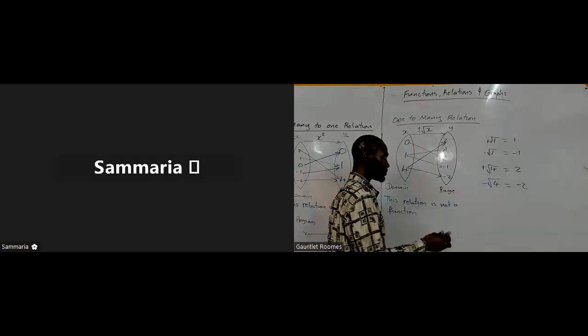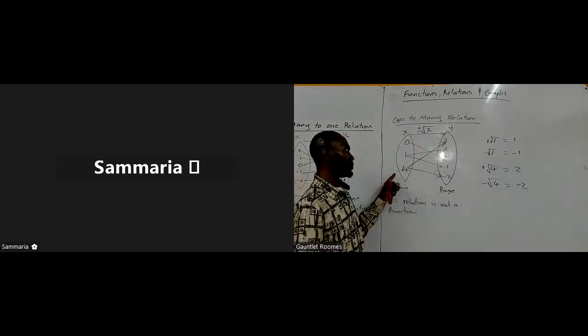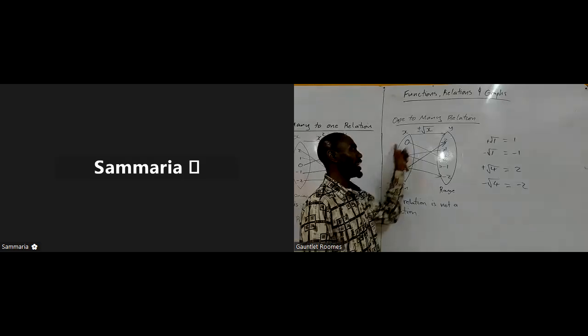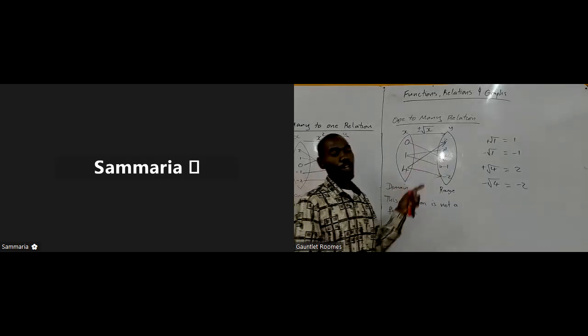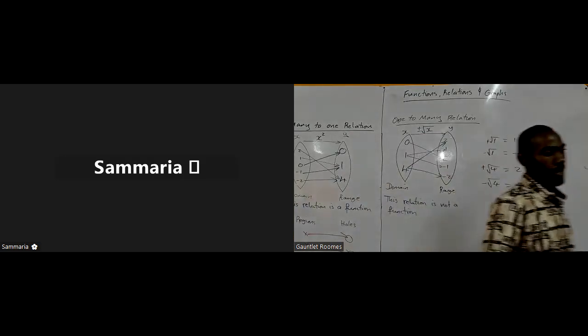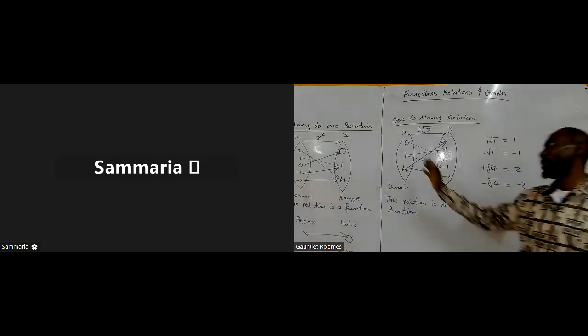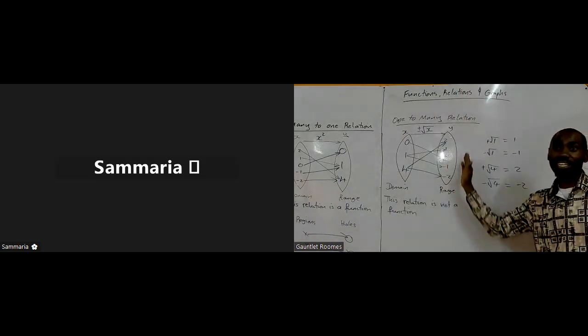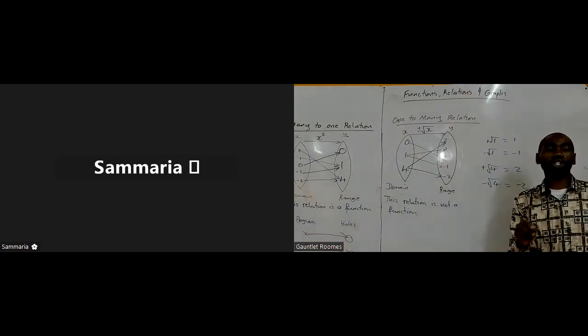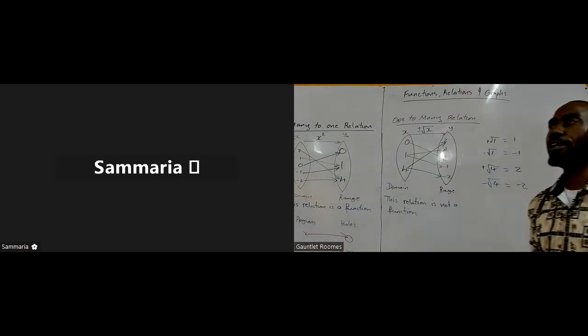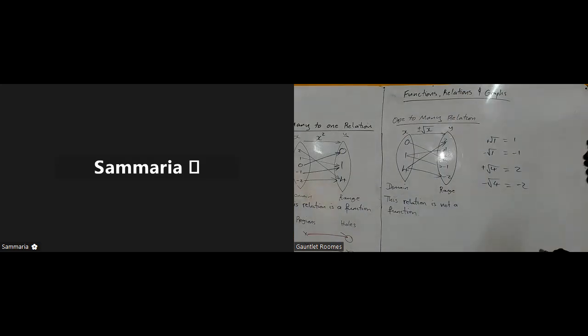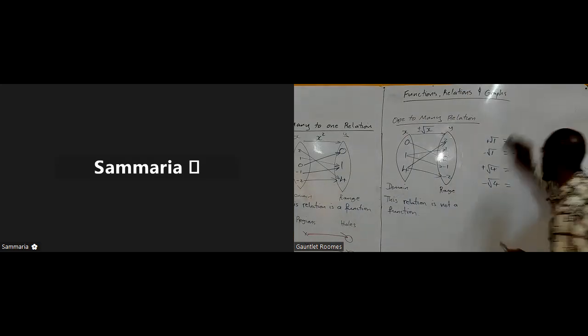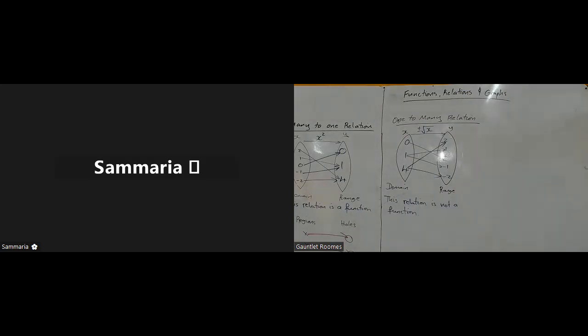All right. Now, when it comes to relation diagrams, there is no law that states the domain has to be on this side and the range has to be on this side. So sometimes you will look on the multiple choice paper and you may see something like this, and I really want to ensure that it is clear to you.